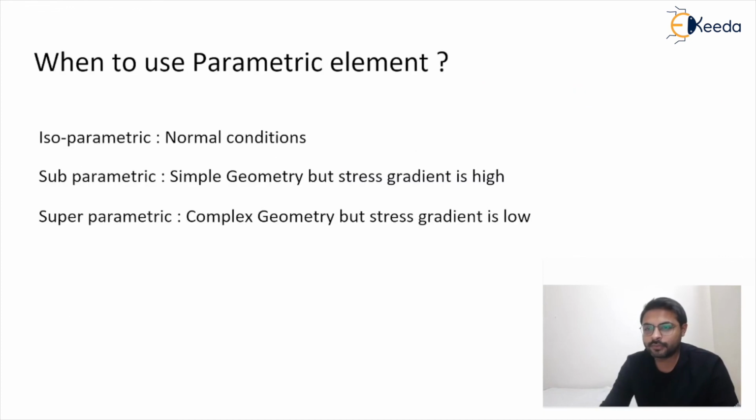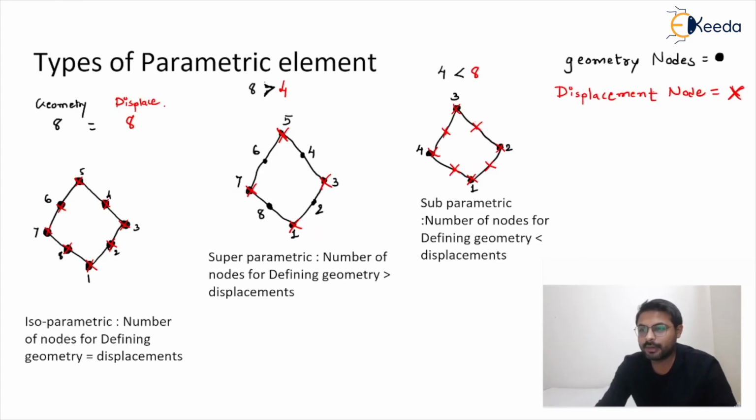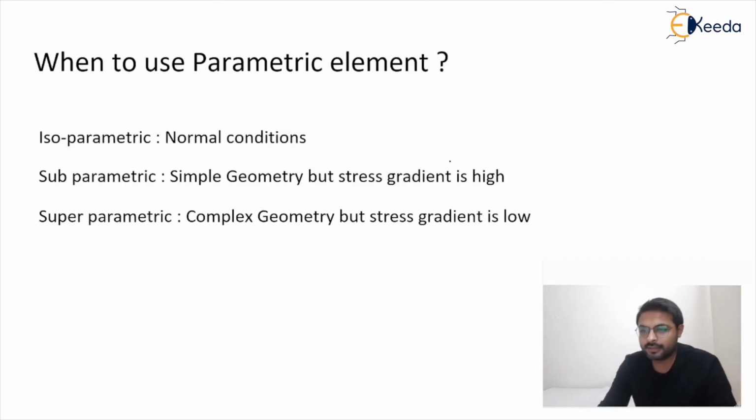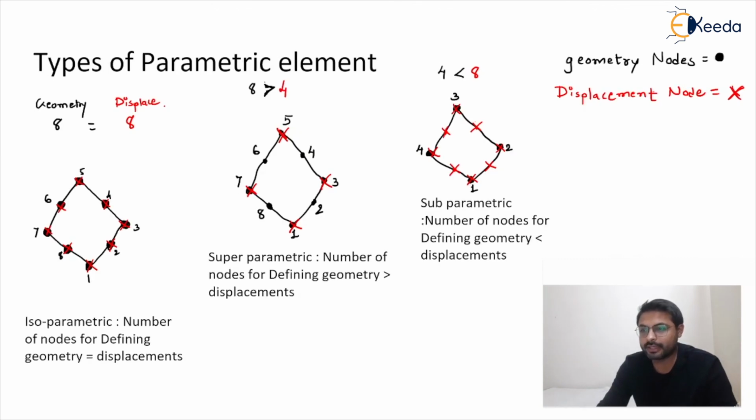If we have simple geometry but a high stress gradient, then we can opt for the subparametric element. And if we have complex geometry but a lower stress gradient, then we can use the superparametric element.